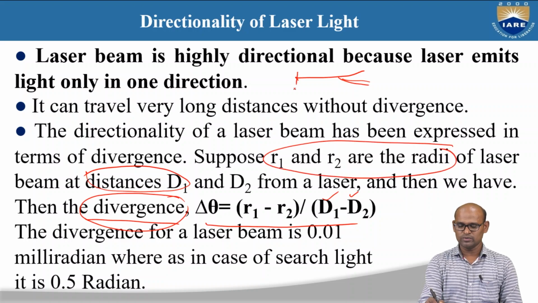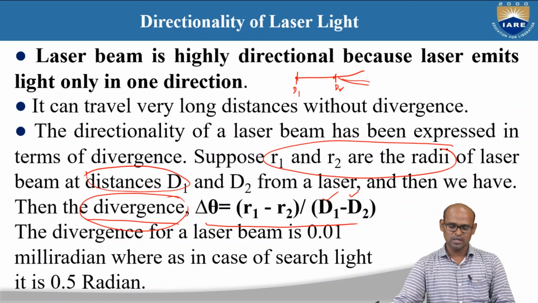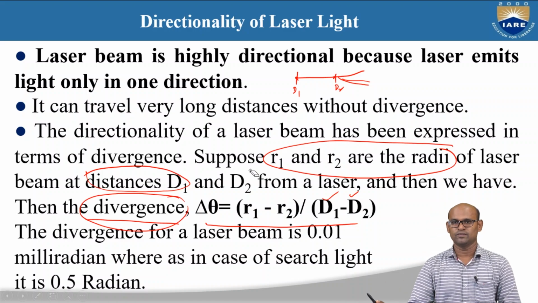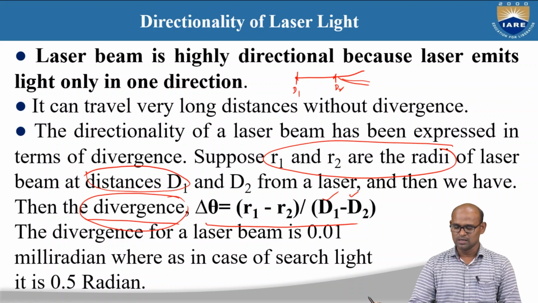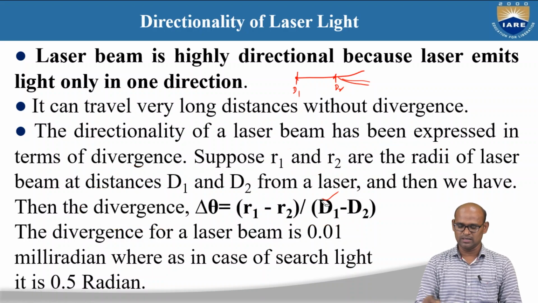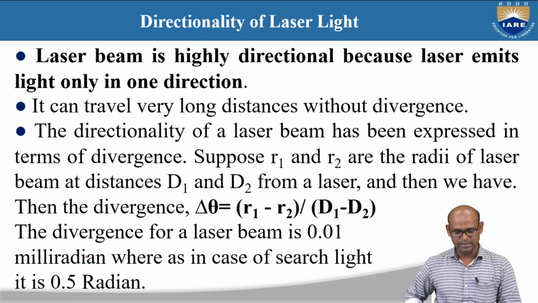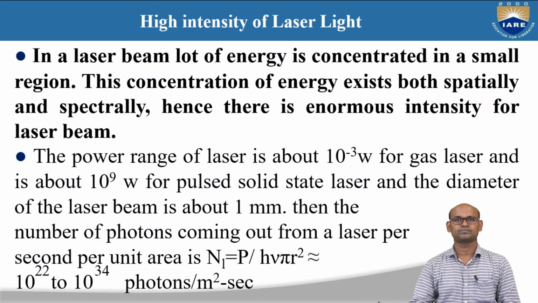We take a distance D1 and look at the radius of the laser beam R1, and we take another distance D2 and look at the radius of the laser beam R2. Then we take the ratio of the radii difference and distances difference to find the divergence of this laser beam, that is, how much spread there is in the laser beam. In general, the divergence will be in milliradians for a laser beam.